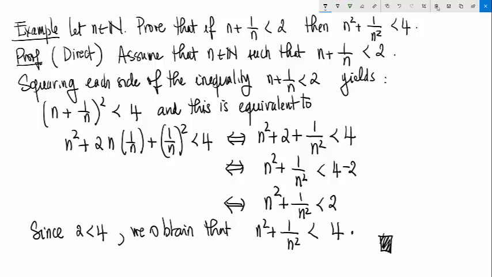Okay, again, we have an implication that we were trying to establish. We assume that the hypothesis holds, and using that assumption, we derive that the conclusion is also true. And this connection, making a clear connection between the hypothesis and the conclusion directly, is a direct proof strategy.